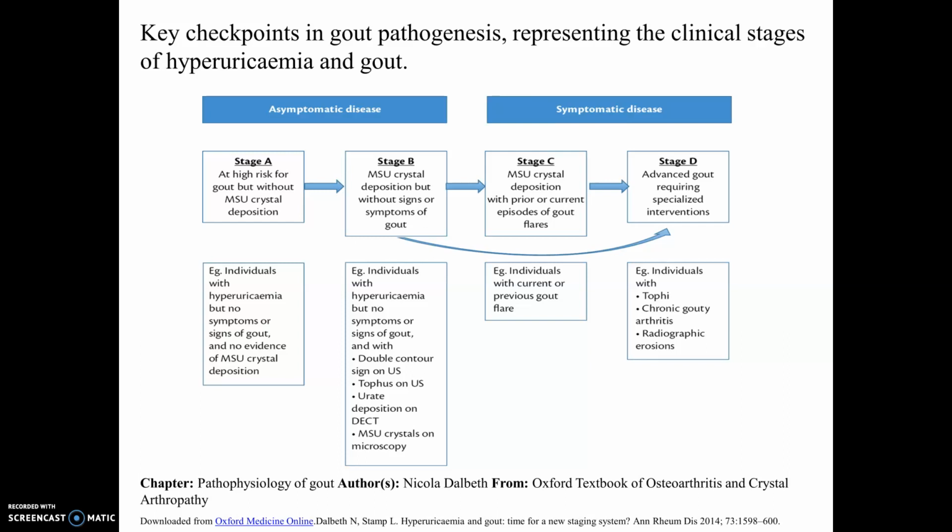The monosodium urate crystals become deposited in stage B, and then we've got the gouty flares in individuals who are having multiple attacks in stage C. The chronic advanced gout, stage D, requires specialized interventions, and we see that in this particular slide.